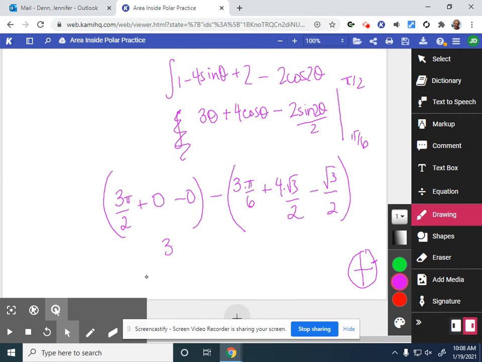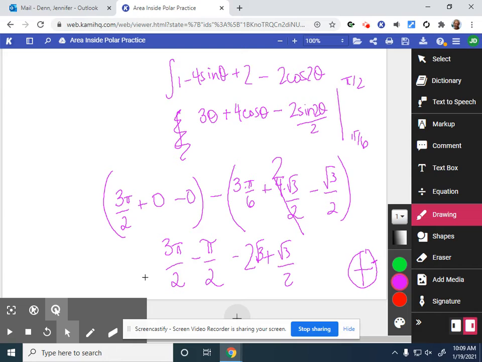So we have 3 pi over 2 minus pi over 2. I'm going to distribute this, and I know I should be able to do this in my head, but I don't want to right now because I'm afraid I'm going to mess it up. So this would reduce to a 2. So we're going to have minus 2 root 3 plus root 3 over 2. Whoops, minus 2 root 3.